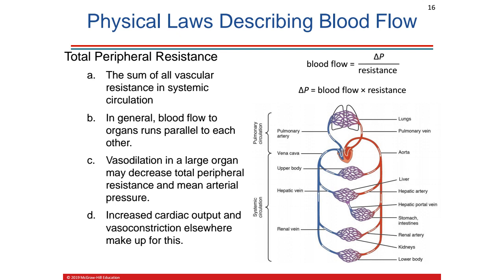In this case, if we're looking at the whole systemic circuit, then instead of resistance, we talk about the total peripheral resistance. I should mention total peripheral resistance is also called total vascular resistance, and it has yet another name, which is systemic vascular resistance. So you'll see it referred to in multiple different ways like that.